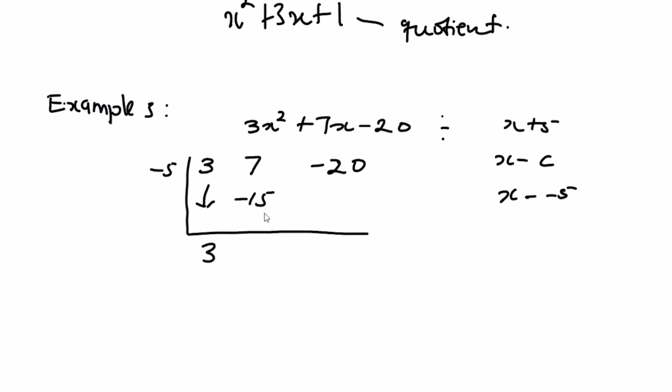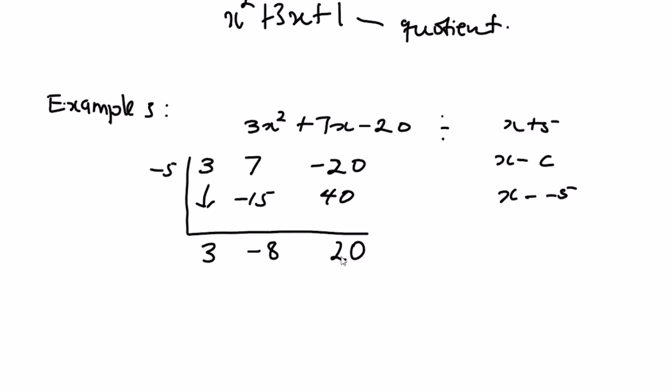Then you add, you get negative 8. Using negative 8 to multiply negative 5, you get 40. Then you add. So you just multiply, you add, you multiply, you add. And this is going to give us 20. Now in this case, our remainder is not 0.